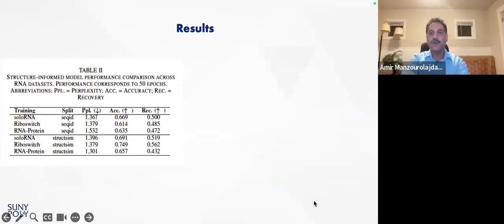First, we found that all models are successful in predicting sequences of structures that belong to the same set. For example, if I were to explain this graph and this table, for the solo RNA, we would initially take, let's say, 10% of the sequences out as a test set.